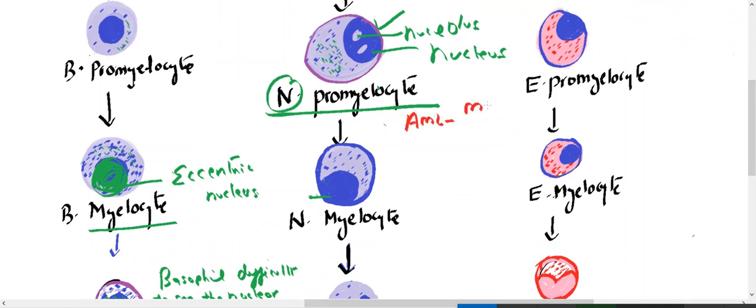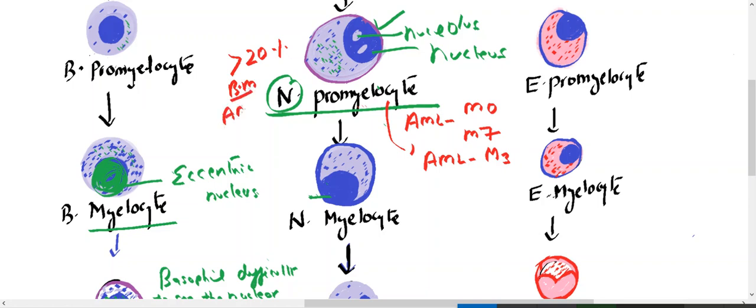I'm not going to go into this in detail. They have leukemia M0 through M7, and in acute myelocytic leukemia, as you all know, AML M3 is promyelocytic leukemia, where the cells are not maturing. By definition, if you get more than 20% blast cells in the bone marrow, we call it AML, right?